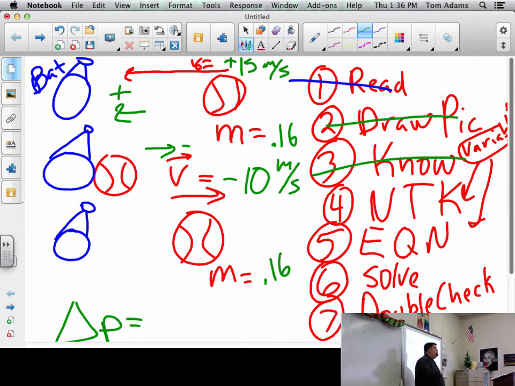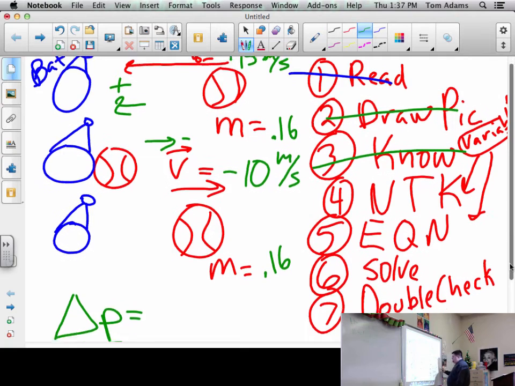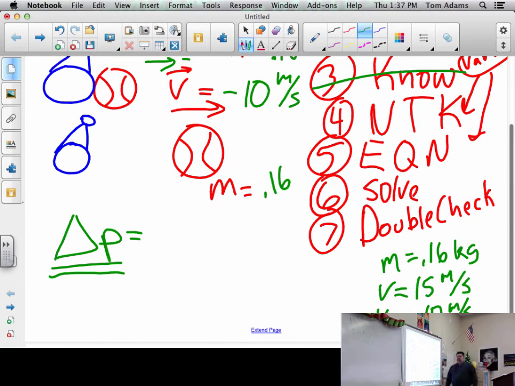What's important is that whichever one is positive, if this direction is positive, this direction is negative. If I made this direction negative, what would this direction be? The opposite, positive, okay? The reason I do that is we're going to get an answer, and the magnitude will probably be the same, but maybe the sign is different. I don't know. We'll see when we work through it.